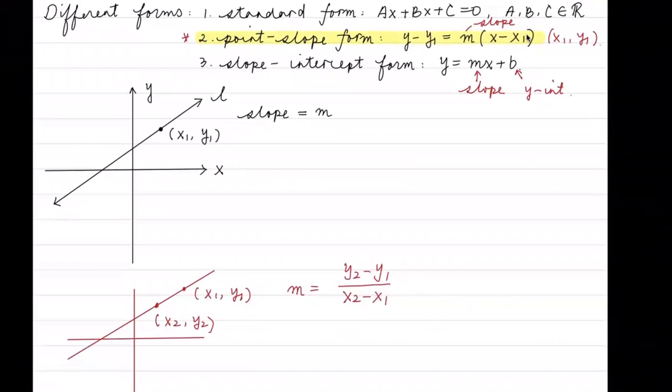Why? Let's see. Now we know for this straight line, we have a slope m, and this point is given. If we choose any other point on this straight line, we can find the slope m.